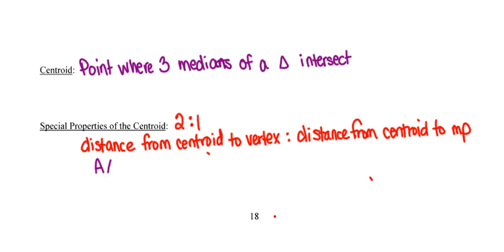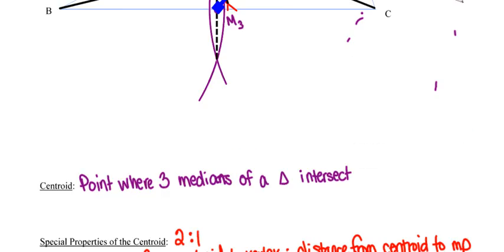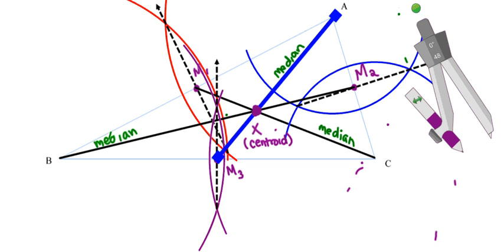So distance from A to X is going to be 2 times the distance from X to midpoint 3. And I can do the same exact thing for each and every one of those 3 medians.